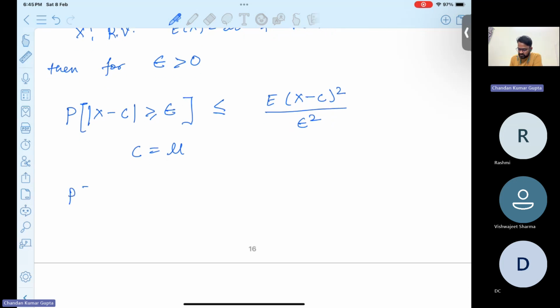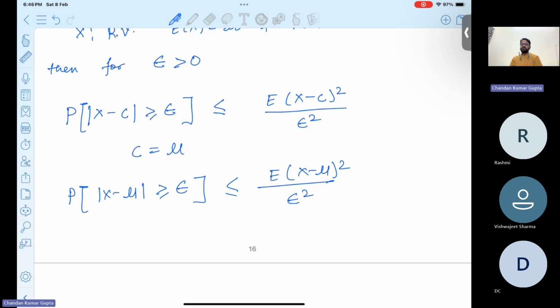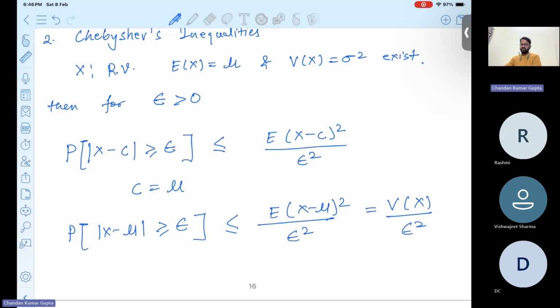Then the probability that x minus mu is greater than or equal to epsilon is at most the expected value of x minus mu whole square upon epsilon square. The expected value of x minus mu whole square is nothing but the variance of x, which we have already discussed, also denoted by sigma square. So this is Chebyshev's inequality.